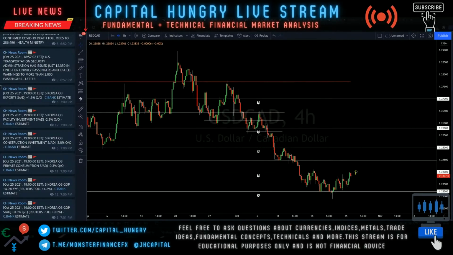Now, the new daily candle might peak a bit higher, but if we break a bit higher and come back below 1.24, I'm still looking for sells with safer sells below 1.3200. USD CAD sells are going to be a lot easier and more evident.